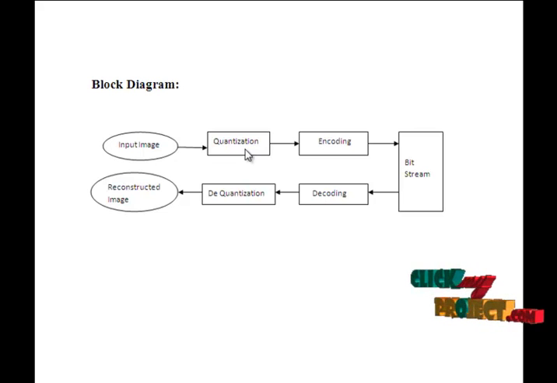After quantization, it will be encoded. In encoding, here we are using the SPIHT algorithm. Partial ordering of the transformed image elements by magnitude, with transmission of order by a subset partitioning algorithm that is duplicated at the decoder. After encoding, here we are having the bit stream.